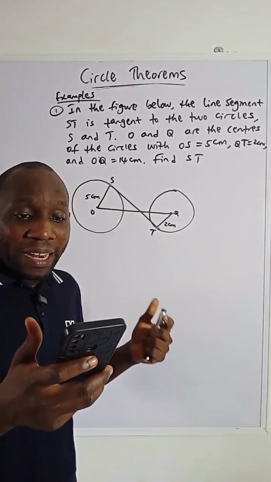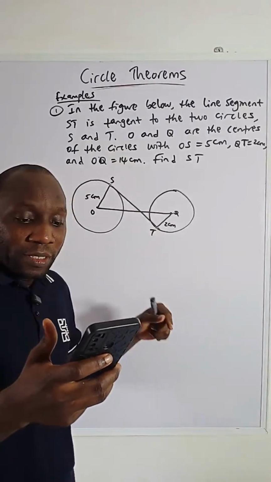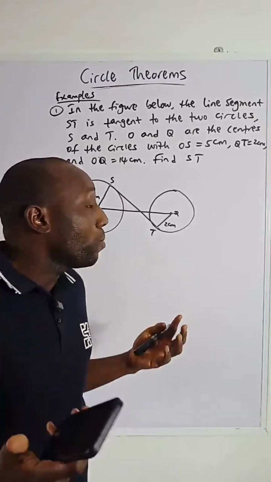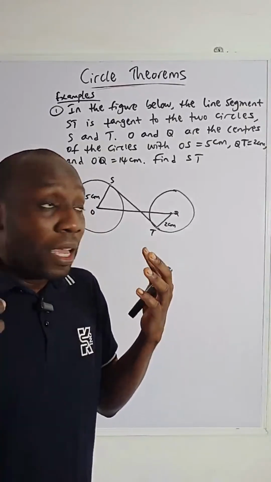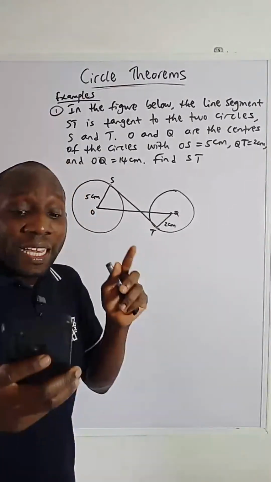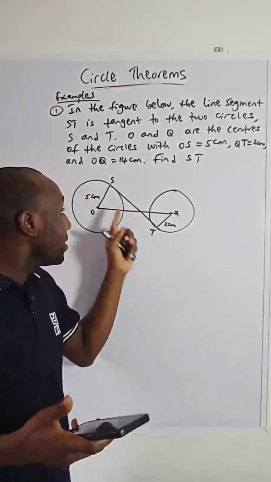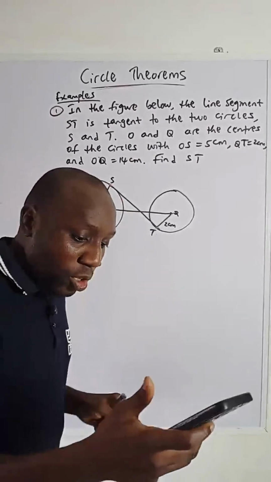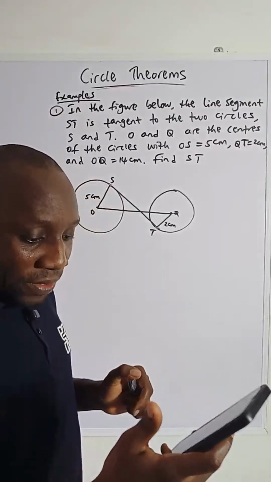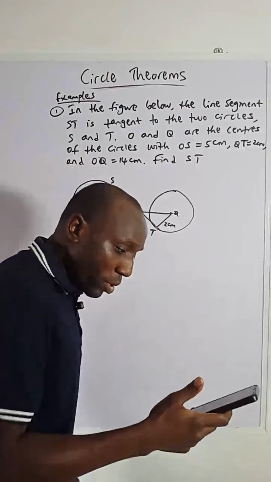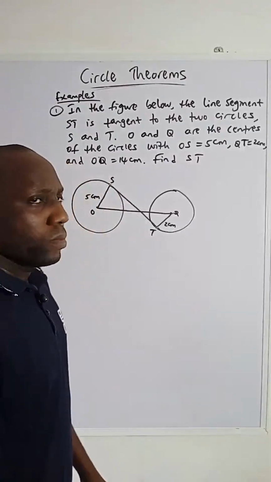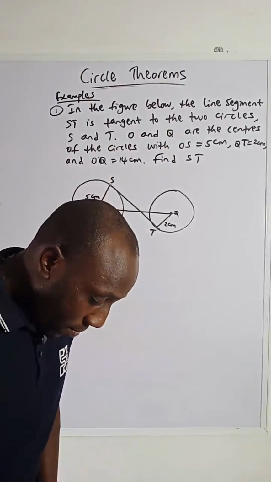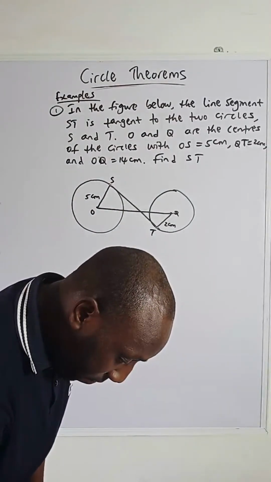Somebody should prove to me that you have been participating in everything I've been saying. ST, what type of tangent? Is it transverse or direct? Somebody should talk to me. 45 of you, there has to be somebody who knows what tangent this is. I'm waiting.